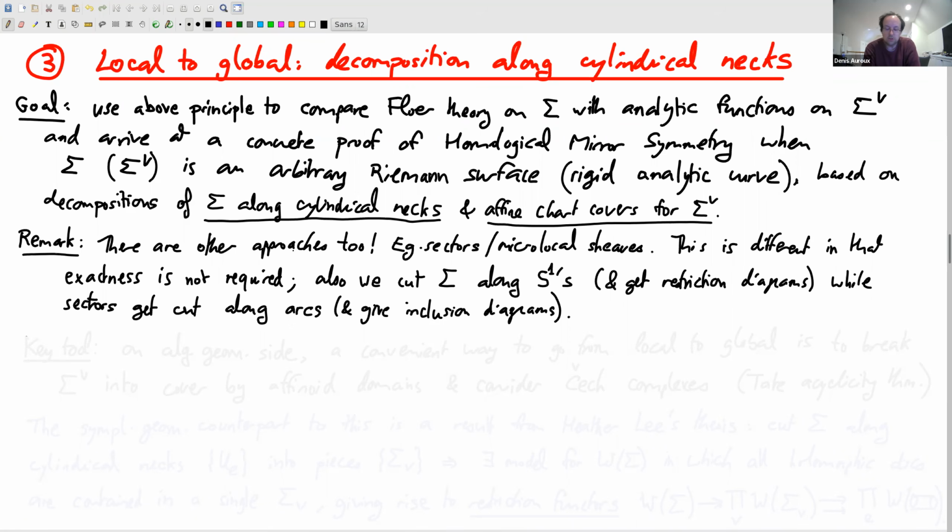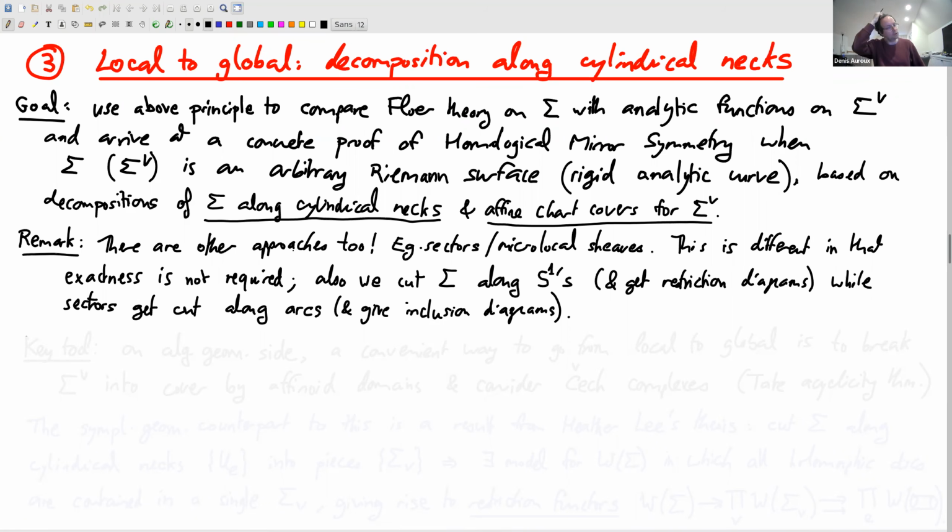Also, we cut our surface along S1s, and what we will get is restriction diagrams. We restrict from the big surface to the small ones, as opposed to what sectors do, which is inclusion diagrams, where you build, so basically ours is a sheaf, the other is a co-sheaf.